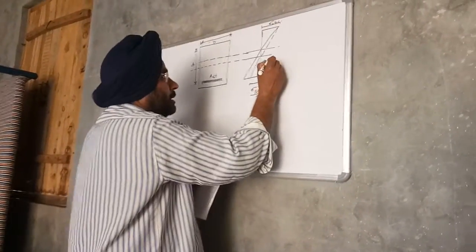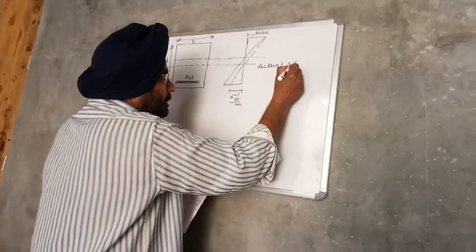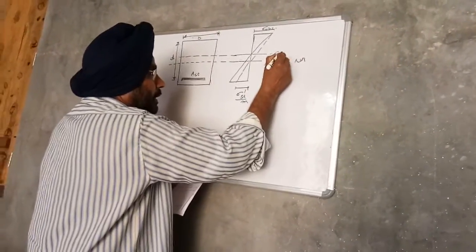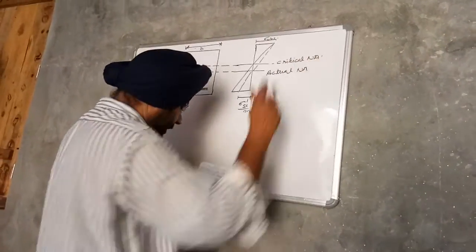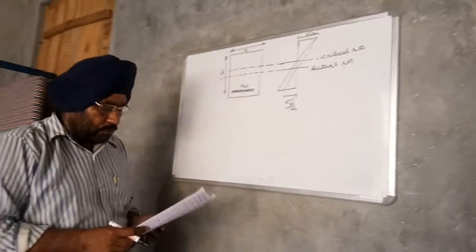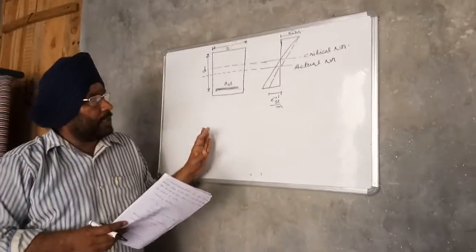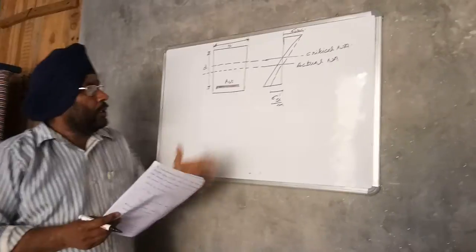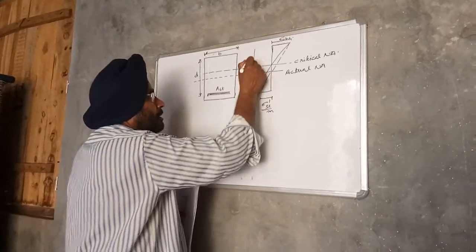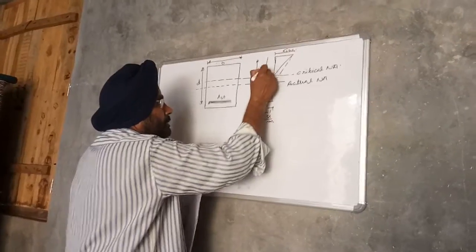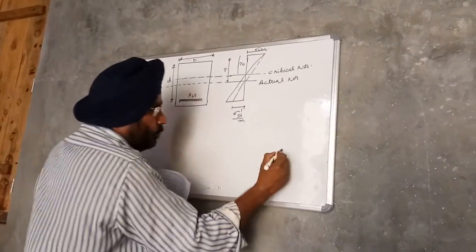This is the actual neutral axis, and this is the critical neutral axis. The depth of the neutral axis is calculated by taking moment of area of compression side and tension side about the neutral axis. So this value is N and this is NC. So in over reinforced section, N is more than NC.